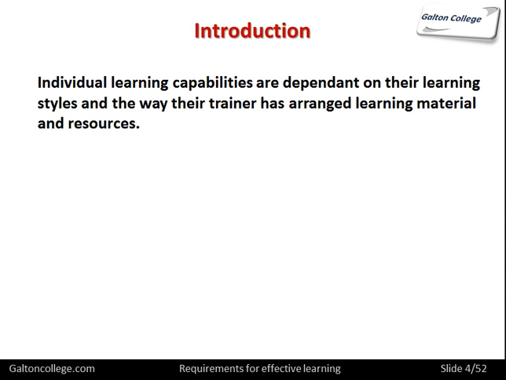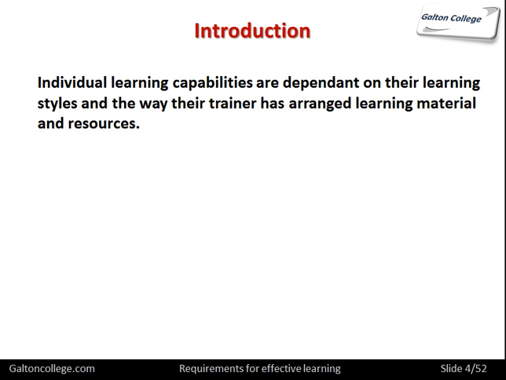Individual learning capabilities are dependent on their learning styles and the way their trainer has arranged the learning materials and resources. So individual capabilities to learn depends on their learning styles, their interest in the topic as well, and their motivations.